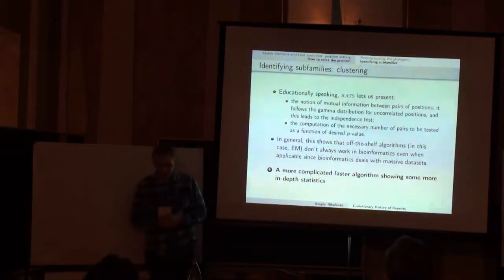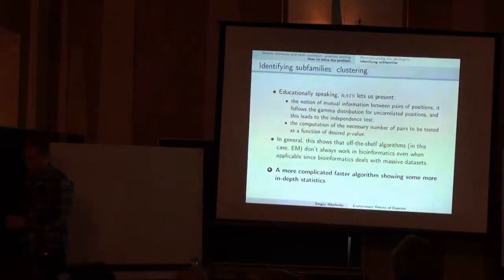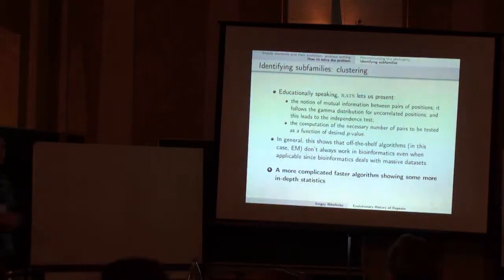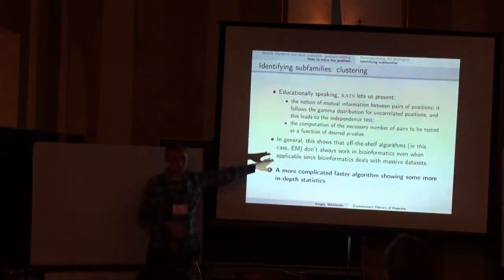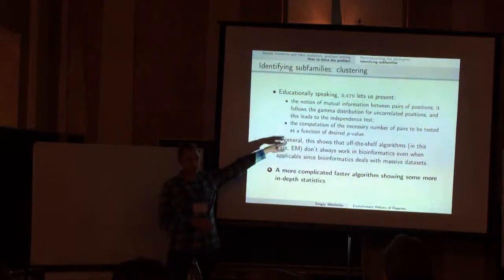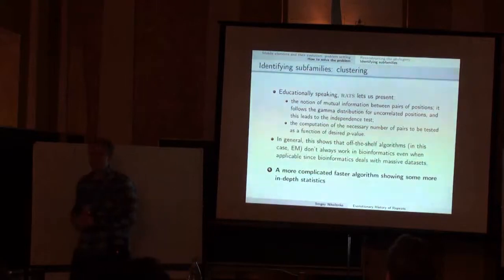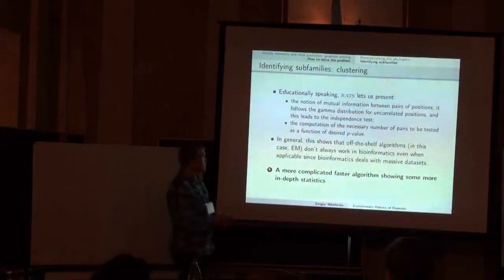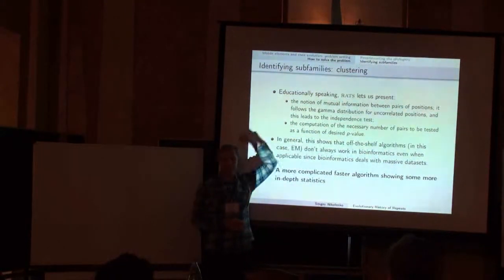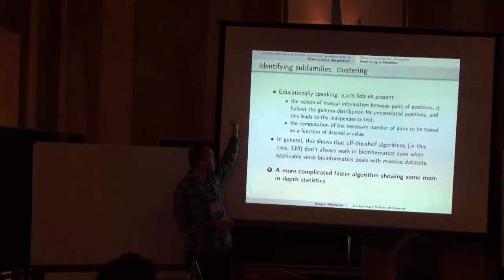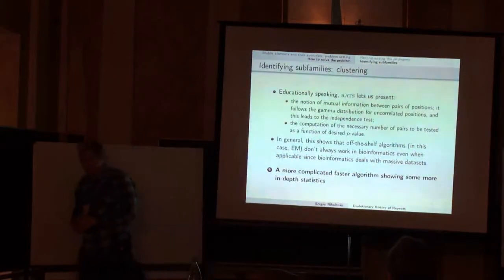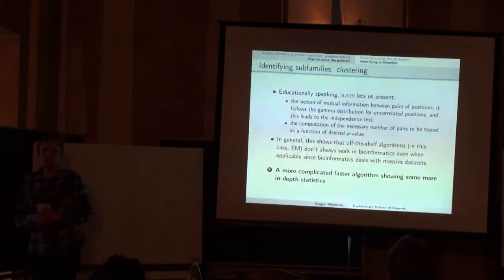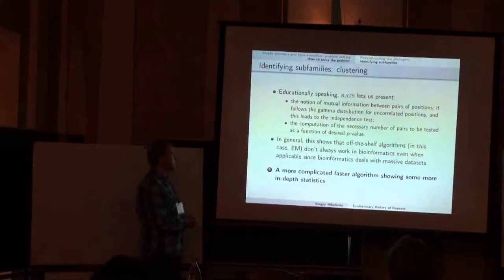But there is also a larger theme here, which is that even if you do have an off-the-shelf algorithm which is good for this problem, which produces reasonable results like expectation maximization, still in bioinformatics, such algorithms don't always work because data sets are massive, and even if the algorithm is correct, unlike distance-based clustering from a while ago, still maybe you need to find a simpler approach, a faster approach that will work on this scale, right?